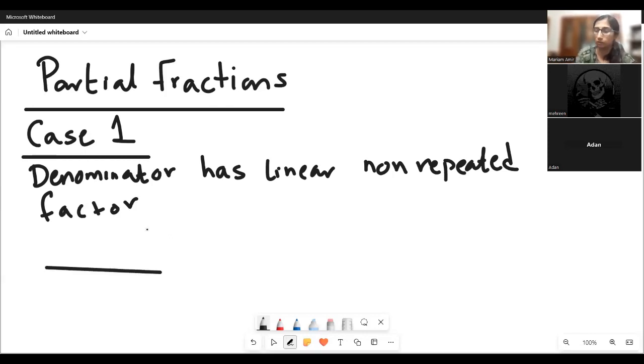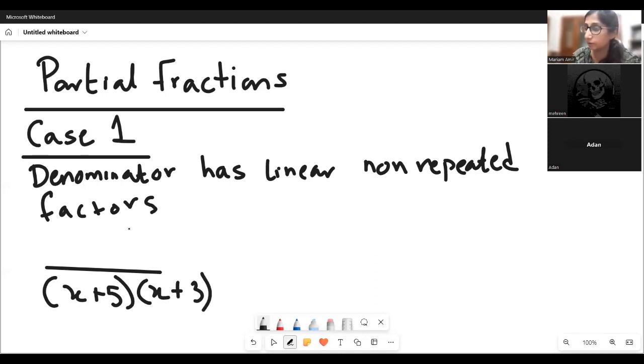For example, factors should be the right word. So in the denominator, we have x plus 5 times x plus 3. And in the numerator, we have 2x plus 8. Okay. Now, what we have to do is break this down into partial fractions.